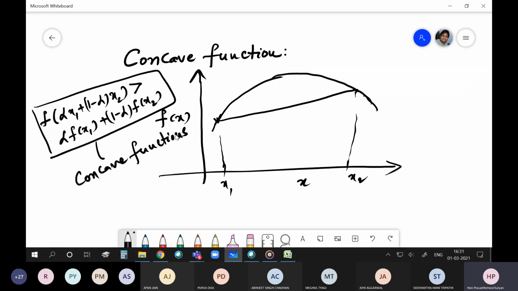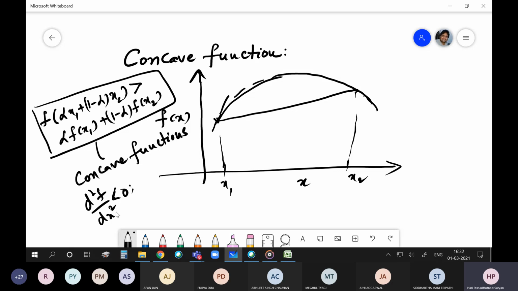So what can we say about d square f by dx square for such type of functions? Negative. It will be less than 0 because the slope will always be decreasing in the direction of x. If I take 2 points here, the slope here is more than the slope here, so d square f by dx square is less than 0.